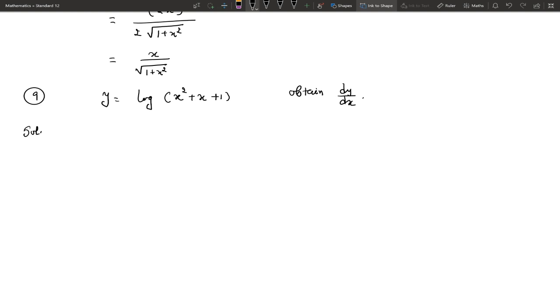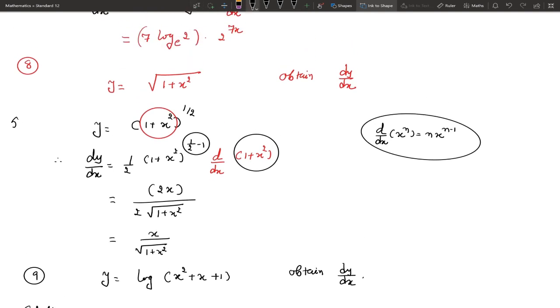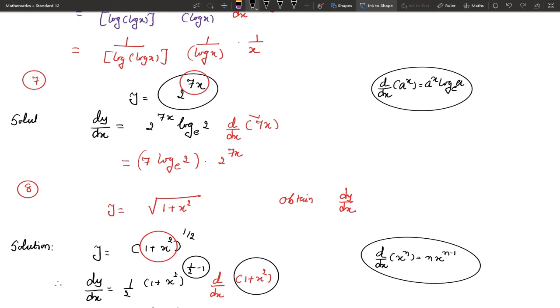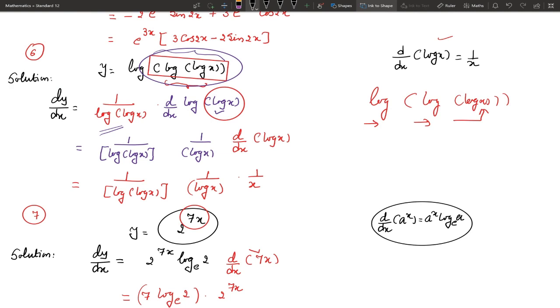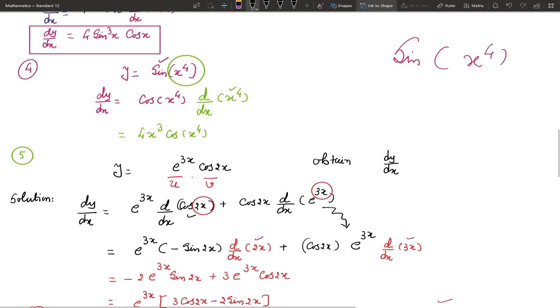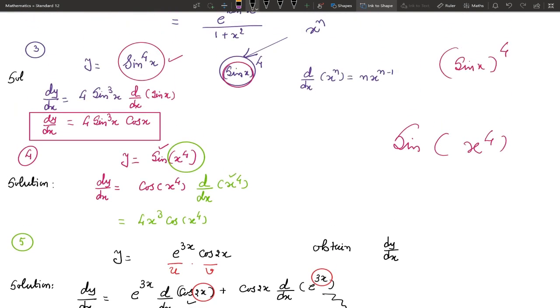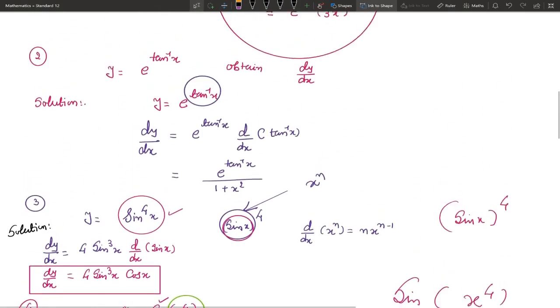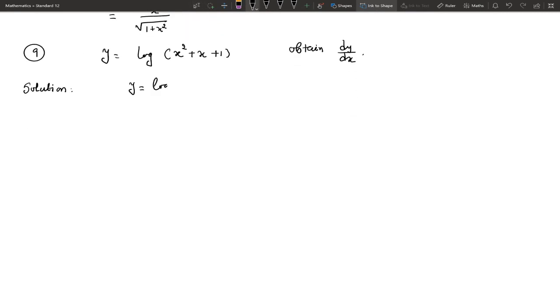So solution, now we have given y equal to log of x square plus x plus 1.